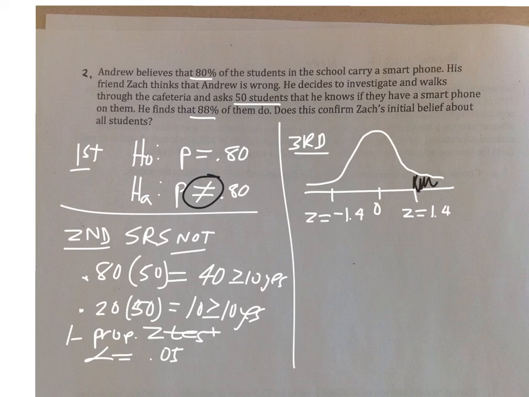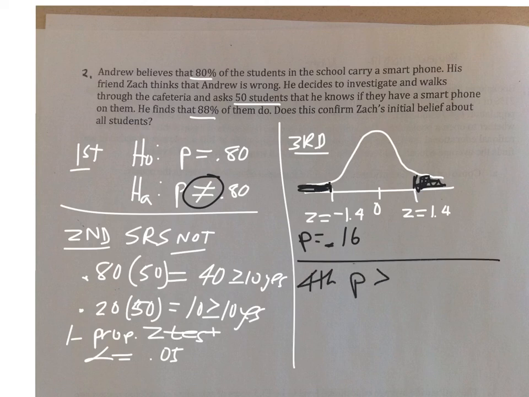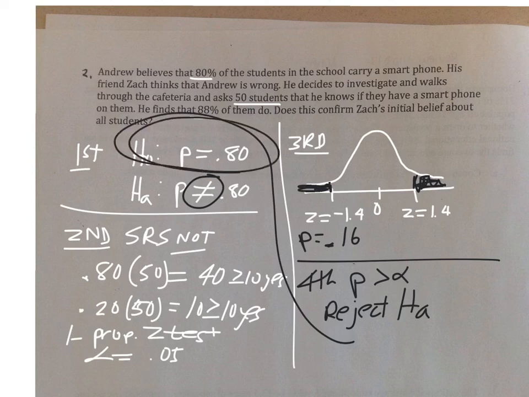Shading our p-value from both sides gives us a p-value that is about 16% once again. And from there we can make our conclusion. The p-value is high, so we're going to fail to reject the Ho in favor of 80%. So even though it was 88% in the sample, it wasn't big enough to make us change our minds about what Andrew believes.